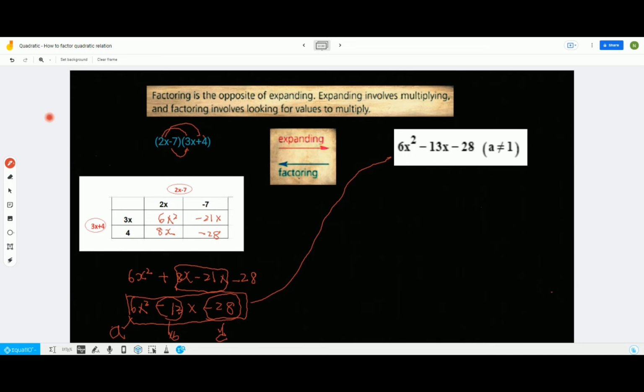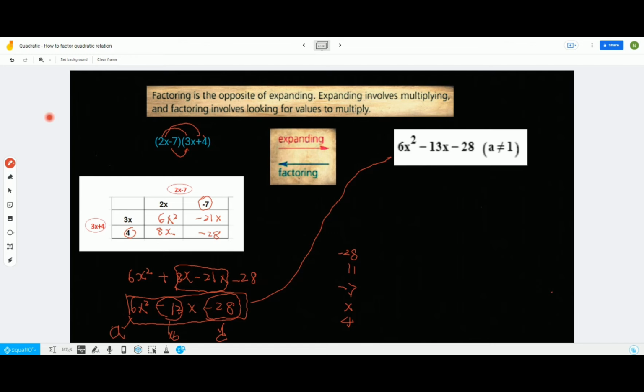Look at negative 28. How do we get negative 28? It is the product of two numbers, 4 times negative 7. So positive 4 and negative 7 multiply to negative 28.